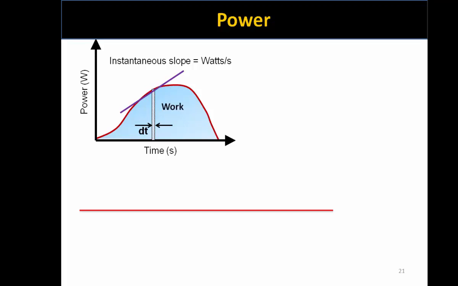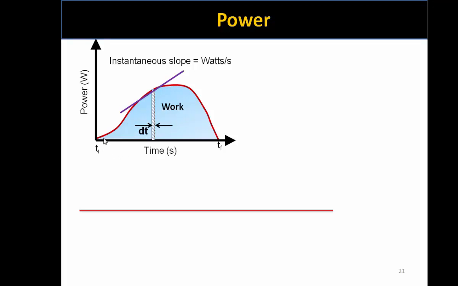But to go in the opposite direction from a slope is to calculate the area under the curve. By calculating the area under the curve, we're essentially removing the time element, and we get a measure of work. Now, to calculate work here and determine the area, we saw in an earlier lecture that we're dealing with a geometric shape that is not simple. It's a very complex looking shape, but work is still represented as the area under this curve.